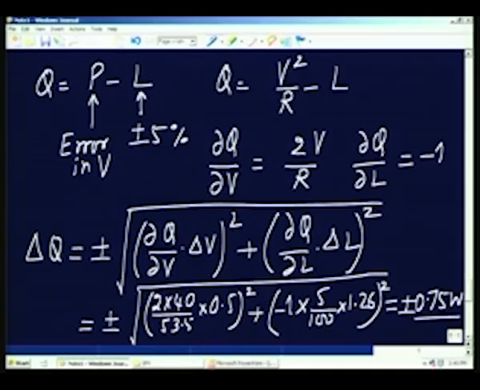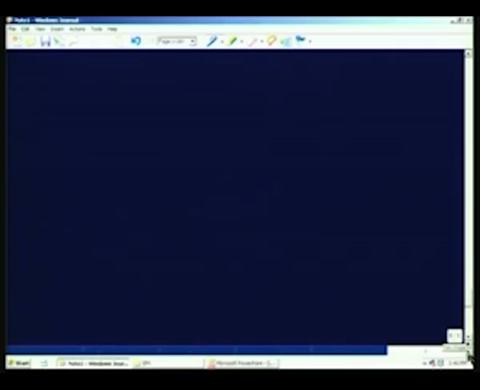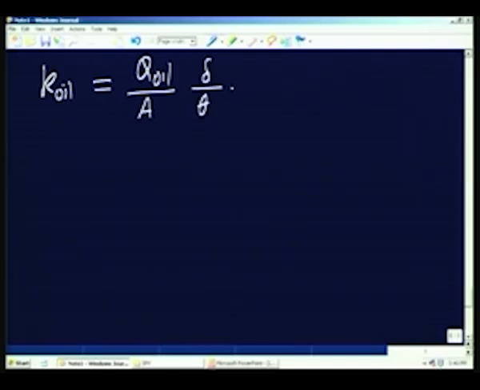So, now I think we have all the things which are required to determine the error in K. So, we can just go back to the expression and see K of oil is Q passing through oil divided by the area available for heat flow multiplied by delta divided by theta.